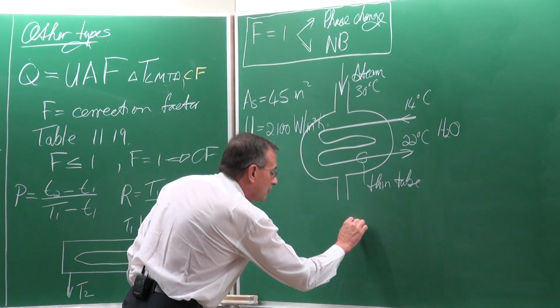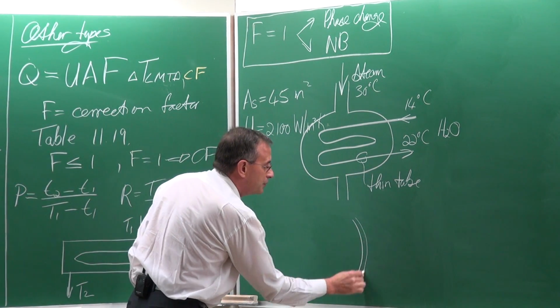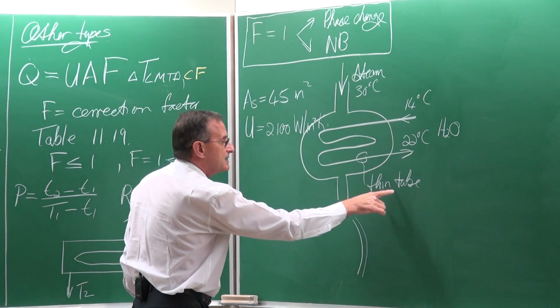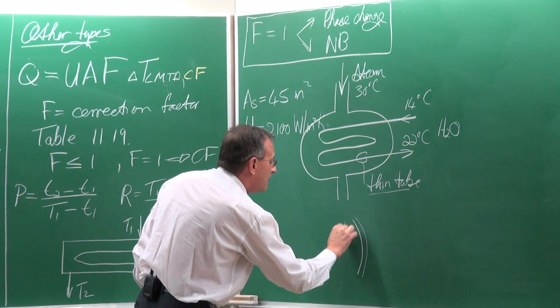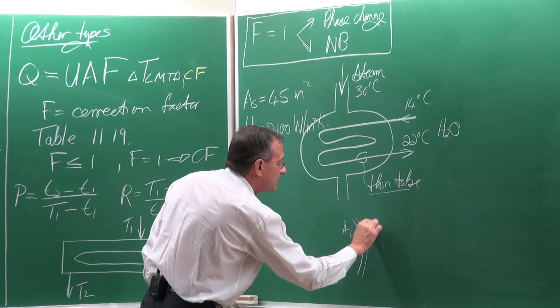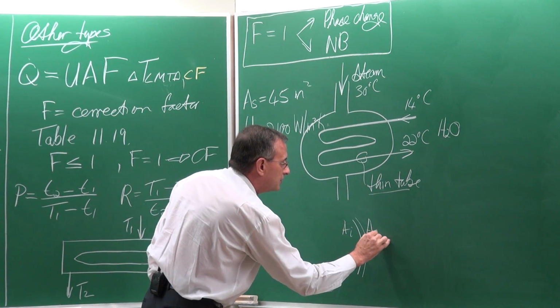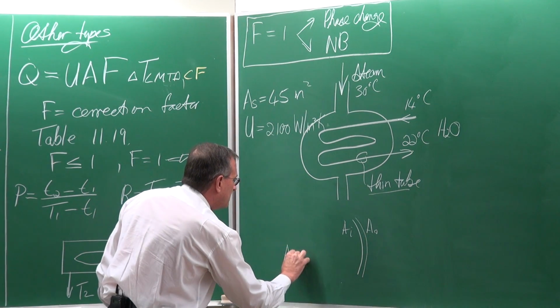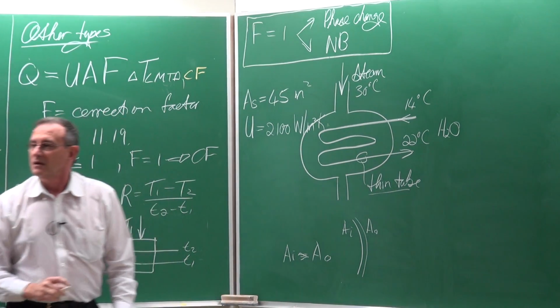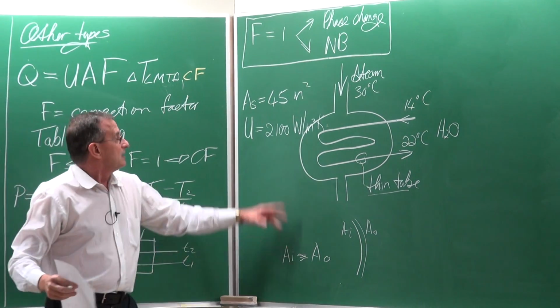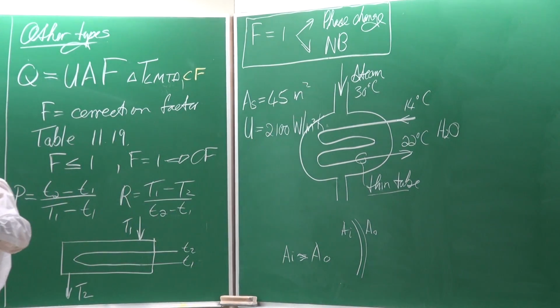Why? Although this is a circular tube, they say it is a thin tube. And if it's very thin, then the area on the inside and the area on the outside would be approximately the same. And if they are the same, then the heat transfer coefficient based on the inside area and the heat transfer coefficient based on the outside area would be the same.